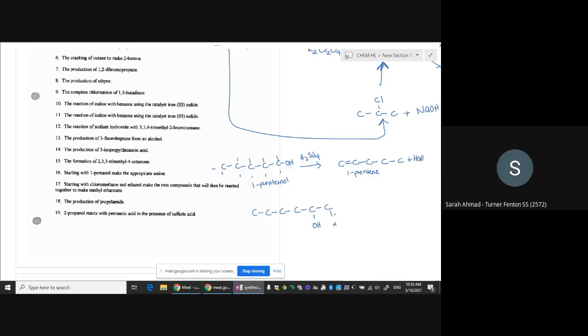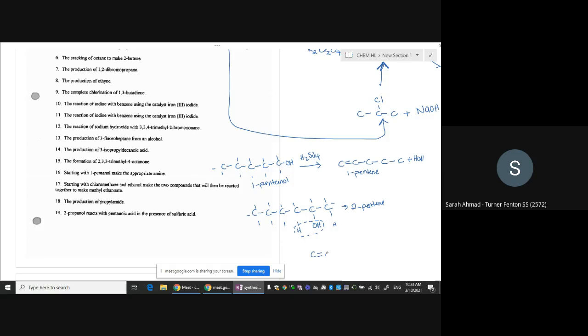And I can still remove hydrogens from here. The deal with chemistry and nature is that when it makes a double bond, it wants it to be more substituted. So it prefers to take this off. Some will happen here, but not mostly. If you put the alcohol on the second carbon, you will most likely get 2-pentene as a higher yield than 1.